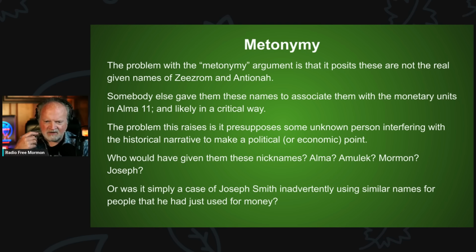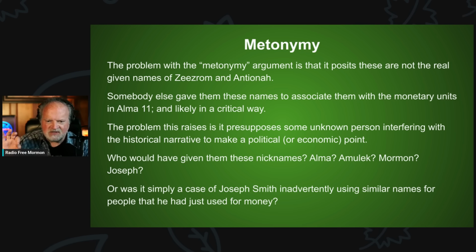They didn't understand that their names would be forever written down in history in the Book of Mormon associated with this particular incident in Alma 11 and 12. They had no idea. Which means that if it's metonymically significant, somebody other than the parents had to give the names to these characters, whatever their original names were, whatever their real names were.